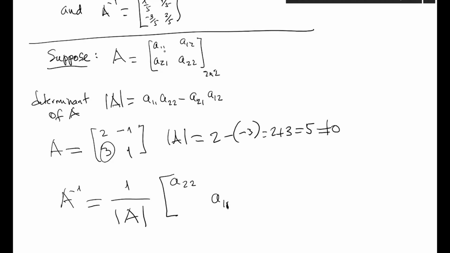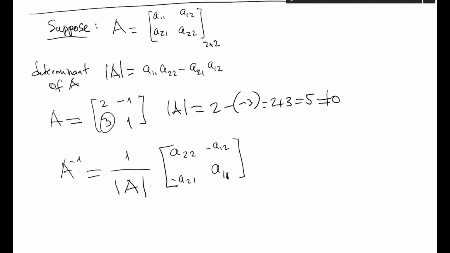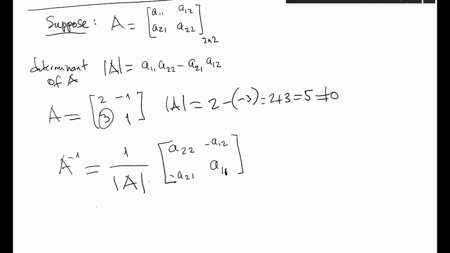And about those numbers here, just change the sign and no more. And this is for sure the inverse. It is required that the determinant be different from 0, because otherwise this formula doesn't work, because we cannot divide by 0.